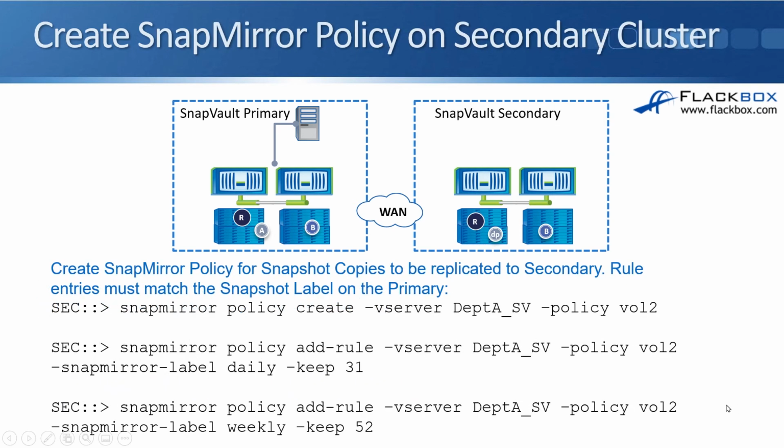Then on the SnapVault side, we've created a custom policy. We've said look for snapshots on the source, which have got a label of daily. Whenever you find a new one, pull it over, keep the last 31 of those, and also look for snapshots that have got a weekly label. When you find those, pull them over and keep the last 52 of those.